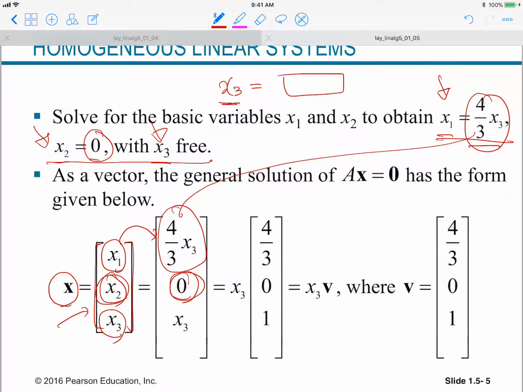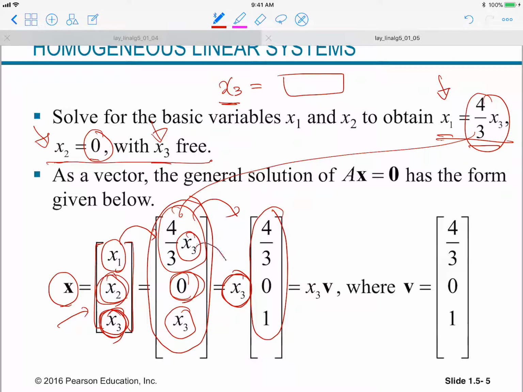But in order to form this solution vector that contains our free variables as well, for this x3, we can just write it as x3, okay? So far, it's quite simple, right? And then this is our solution vector, right? And then the next thing that we can do is to factorize it into this form, where we have our free variable here, and then some column vector here, okay?